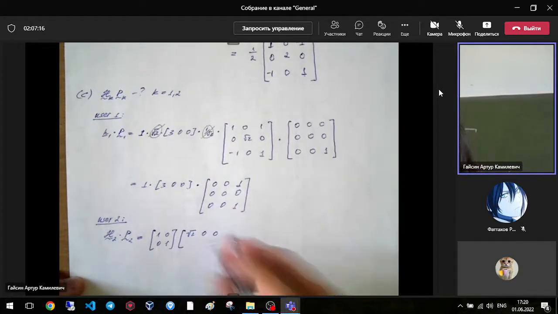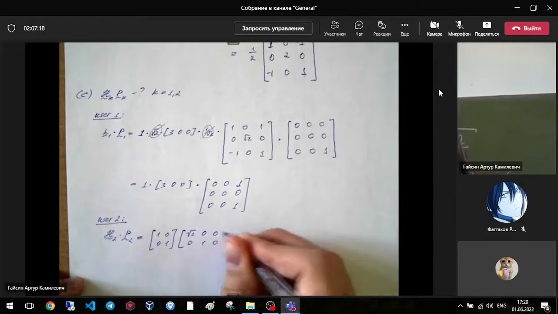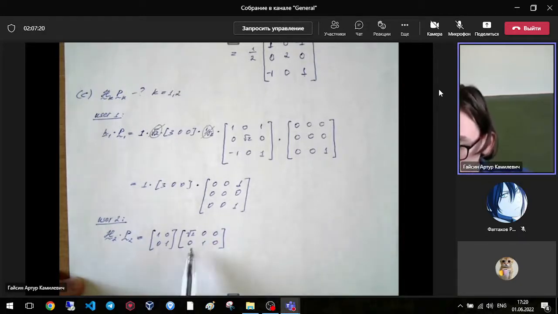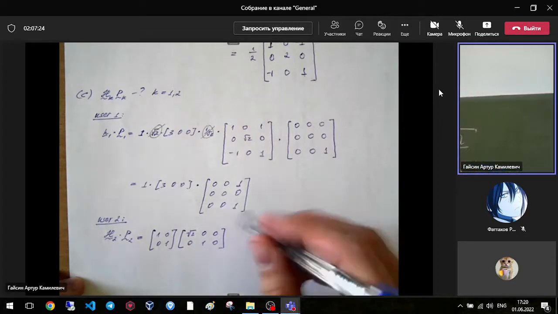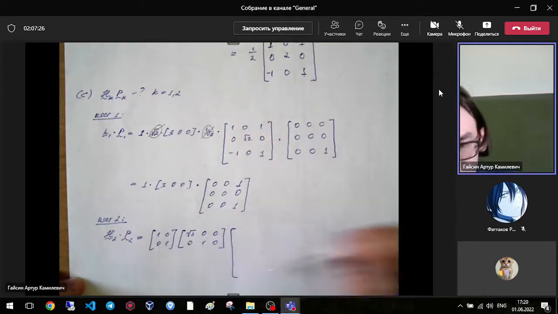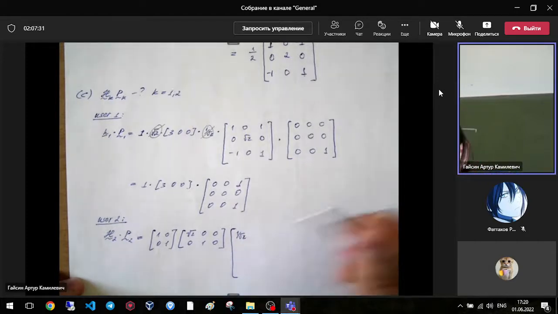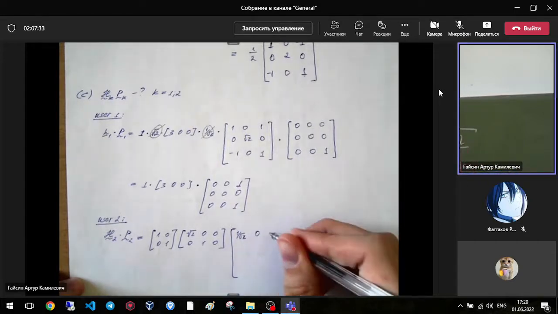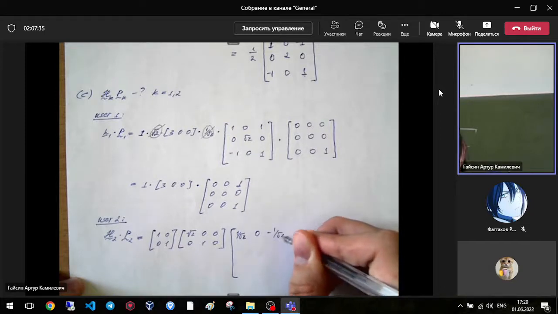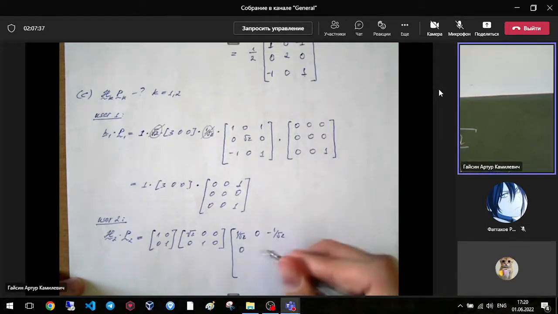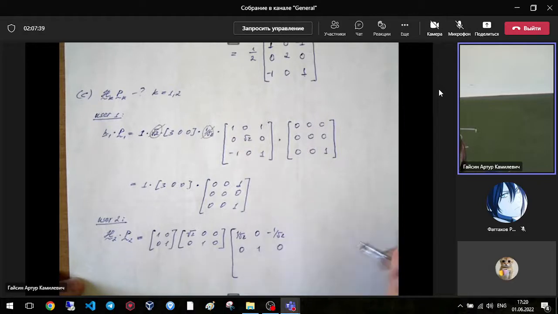So they write this thing as square root of 2, 0, 0, 0, 1, 0. And the last element here, 1 divided by square root of 2, 0, minus 1 divided by square root of 2. Here, 0, 1, 0.